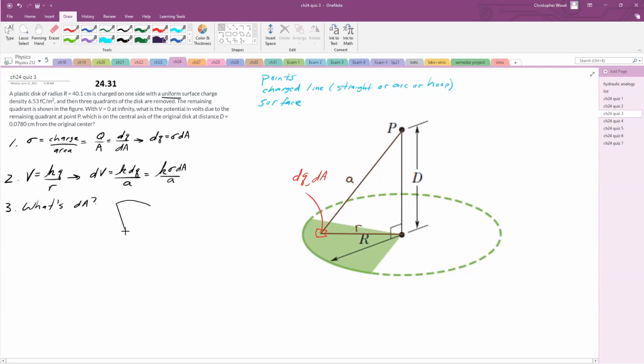So here's dA, and I'm going to enlarge it. This is a blown up view of dA, that little surface patch, from a top-down view, so I can see it better. Good. So this is my dA element.